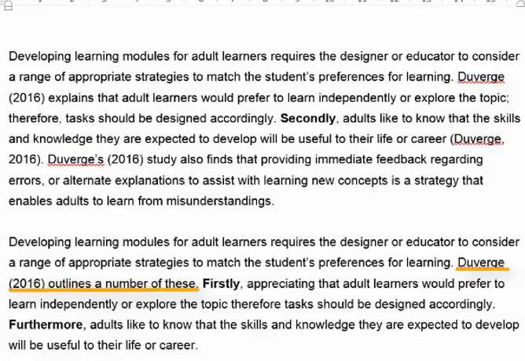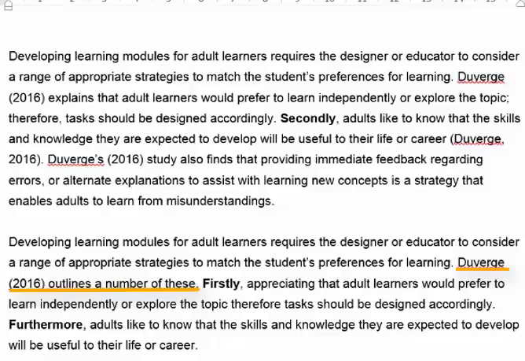In the next paragraph, you can see I have underlined a really nice way to lead our reader to understand that there are a number of preferences for learning coming from the same source, Duverge. In this way, I reorganise my sentences and my thoughts, and I tell my reader there are a number coming from the same source.